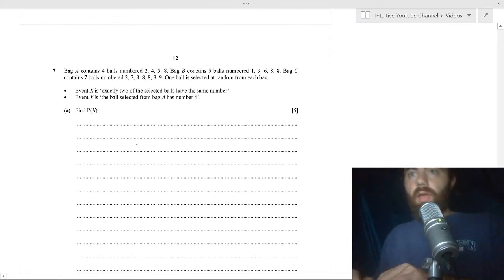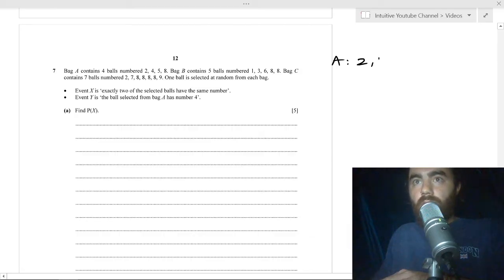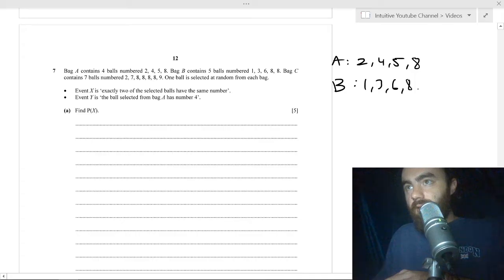And then finally we have question 7, where we're given a bag A. I like to always write this stuff out. A has 4, 5, and 8 balls, numbered. Bag B has 1, 3, 6, 8, 8. So it's 5 balls: 1, 3, 6, 8, 8.